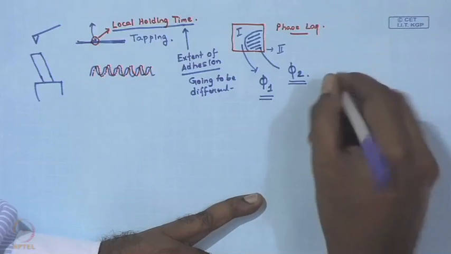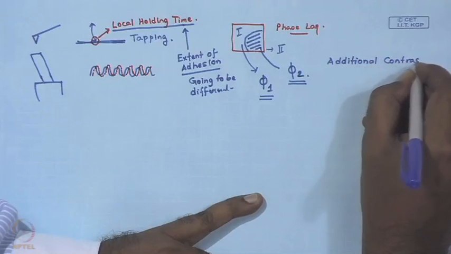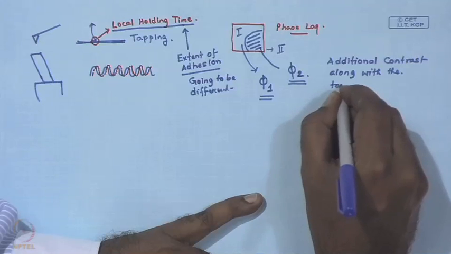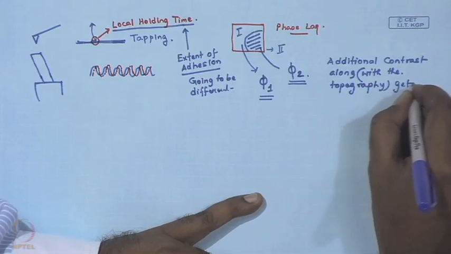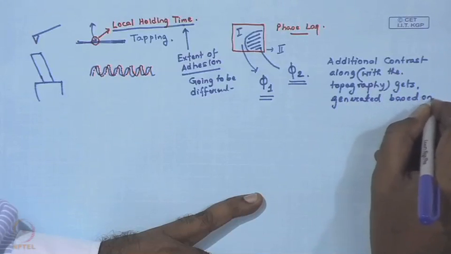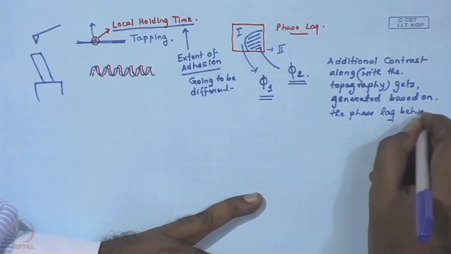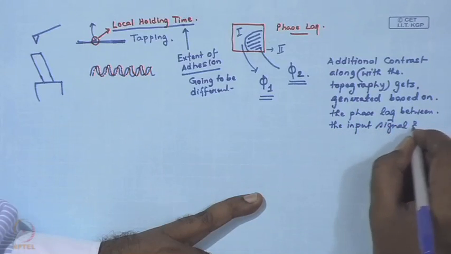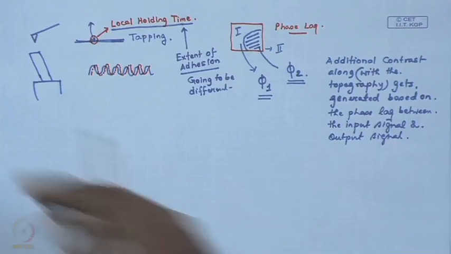So, there will be an additional contrast along with the topography that gets generated based on the phase lag between the input signal and output signal. Okay. So, it is like this.